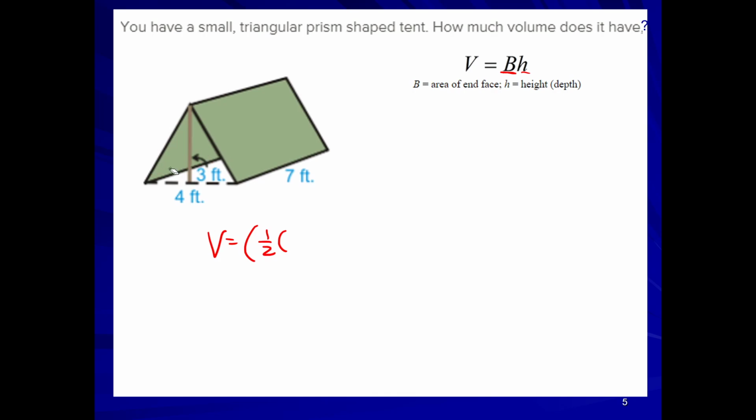So it's just 1/2 base times height. And then, of course, the length is 7. And then we would calculate that out. So that's going to be 6 times 7 is 42 feet cubed. Now, how could we make this more difficult? Well, maybe they don't give you the height, and you would need to solve for the height using the Pythagorean theorem or trigonometry or something like that.